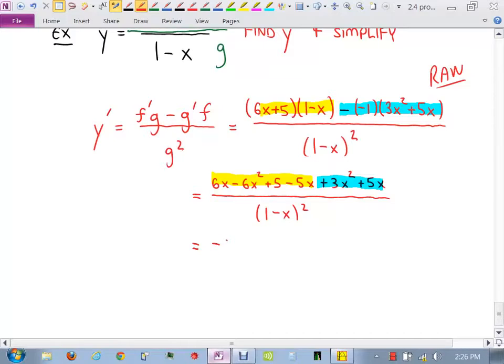Put it in descending order. Negative 3x squared. How many x's do I have? Six x? Any constants? Plus 5?